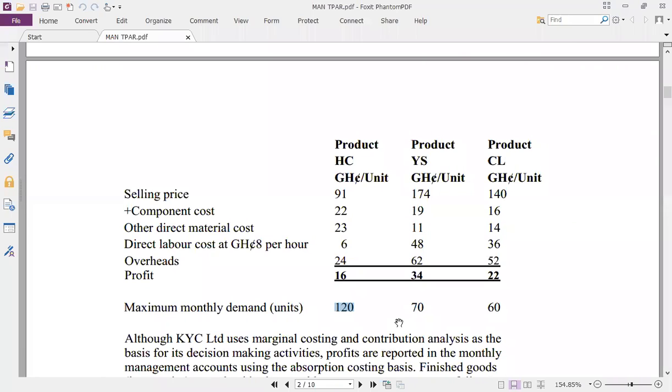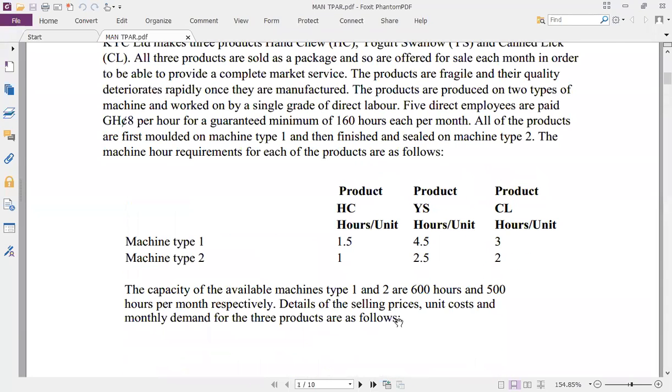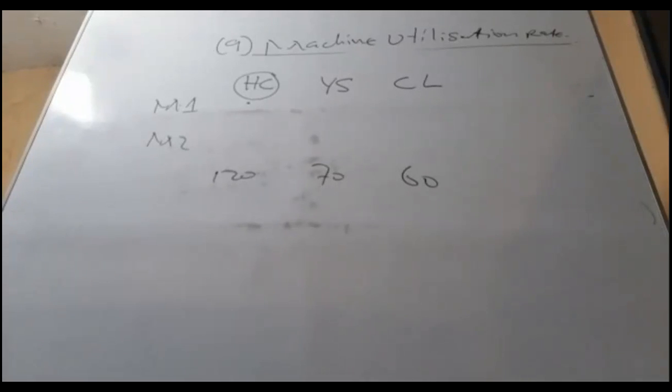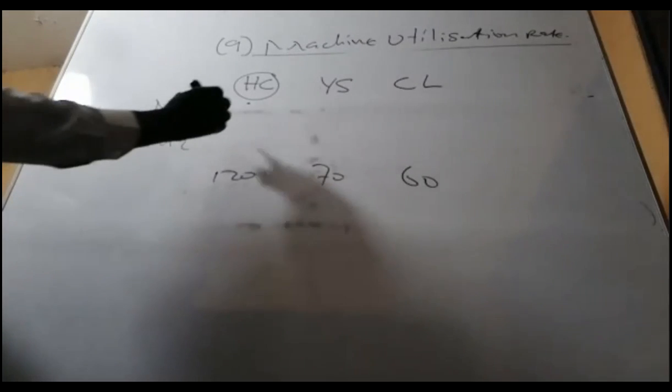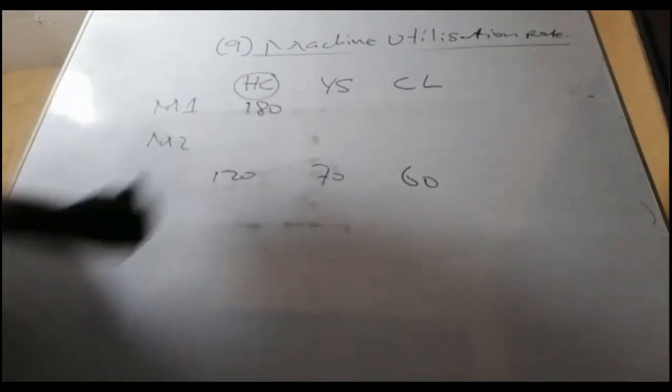Let me write them down here: 120, 70, and 60. Then we go up and pick the resource requirement. Machine type 1, we need 1.5 hours per unit. So we multiply by the 120. 1.5 times 120 gives us 180. Great. So here will be 180.